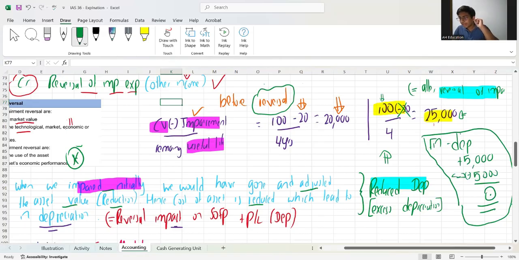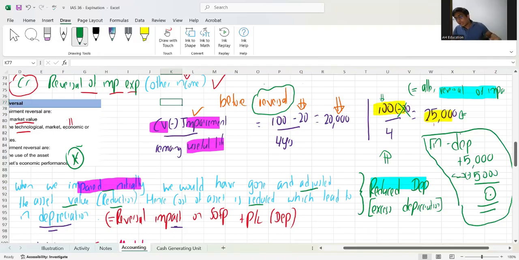If there is a reversal in impairment, it does not mean that you need to go and reverse your depreciation. No. As soon as you reverse your impairment, your cost will be brought into its original form, right? Because of that, your depreciation will be revised and it will be increased.